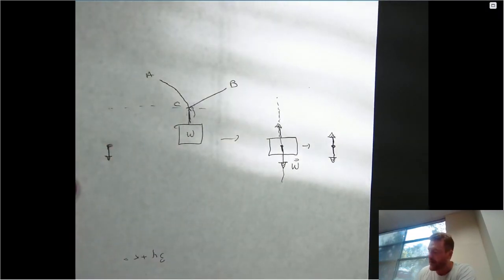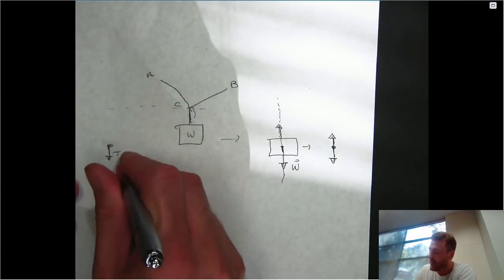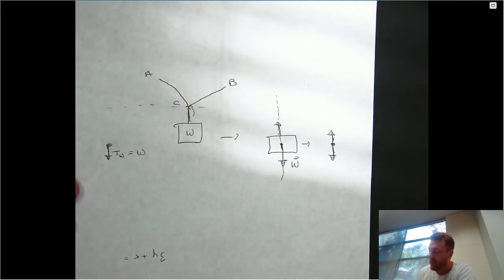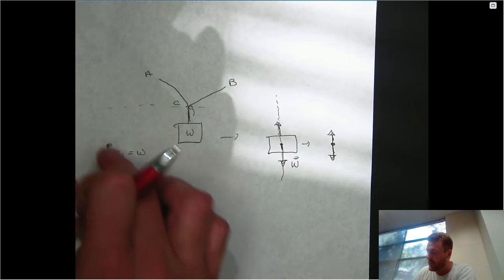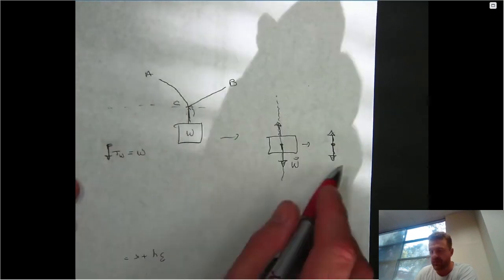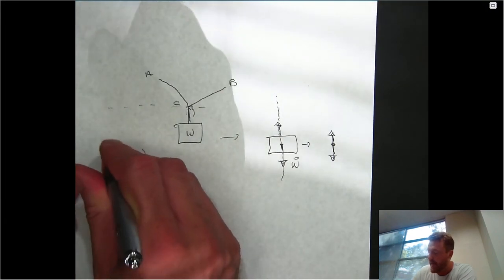However, we know from our analysis earlier in this chapter that the tension in a cable has to be constant at each point, so this is nothing more than the tension in this portion of the rope, and it's equal to the weight. What counterbalances the downward force of the tension in this cable, which we know is equal to the weight, pulling this knot down?